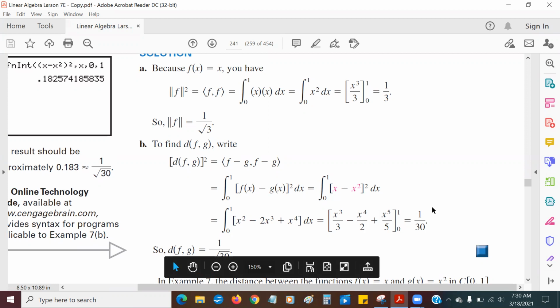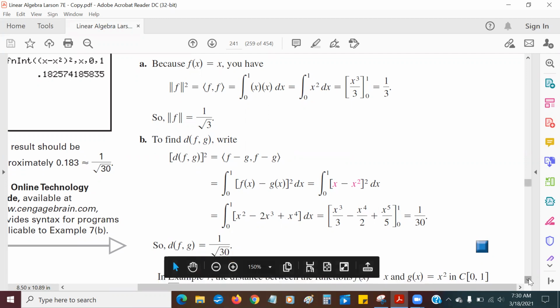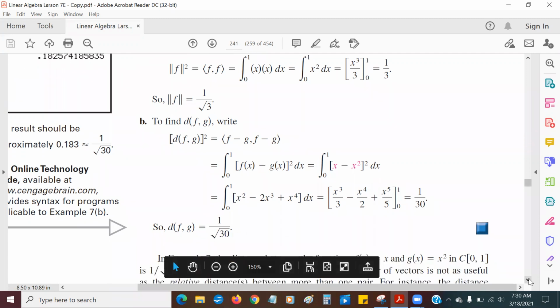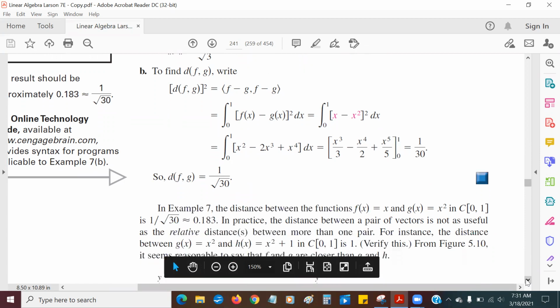Work it out: it's 1/3 minus 1/2 plus 1/5, so it all works out to be 1/30th. But that's the square of the distance, because remember, the distance was the square root of this product. So the distance itself is 1 over rad 30, which is awesome.